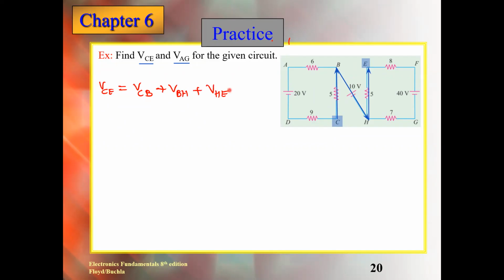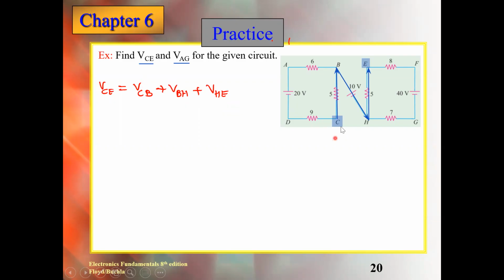So which voltage do you know? Which voltage is given to you? BH is given only. These two are not. So how can we calculate this VCB?